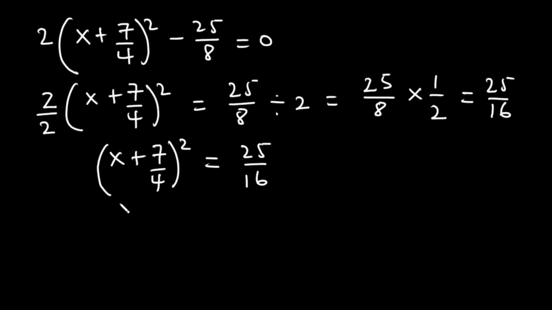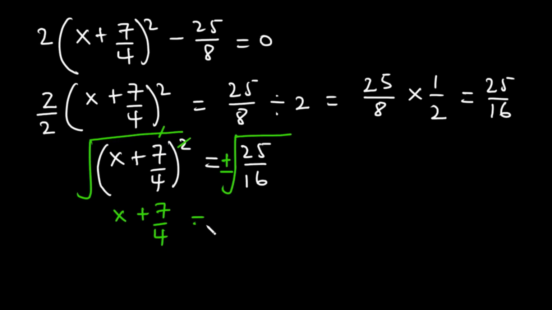Now to find the values of x, we need to do away with the exponent. So we are going to introduce square root. And then we have plus or minus the square root of 25 over 16. Now the square cancels the square root, and then we have x plus 7 over 4 is equal to plus or minus the square root of 25 divided by 16.